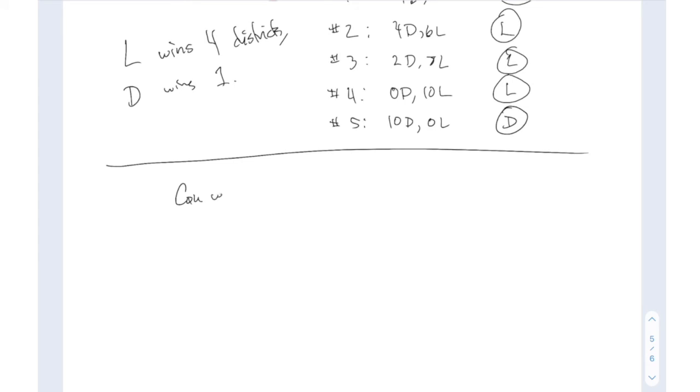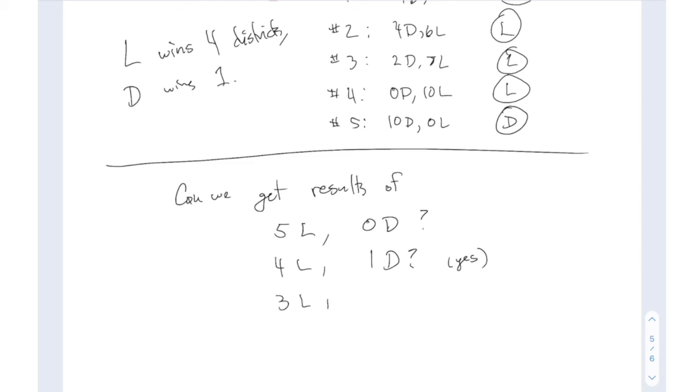Is it possible to get 5 L, 0 D? Is it possible to get 4 L, 1 D? Actually, that one I just did. In my version, I got 4 light districts and 1 dark. But what about 3 L's and 2 D's?